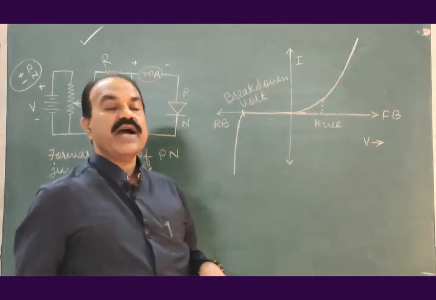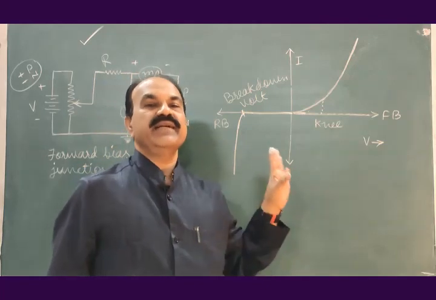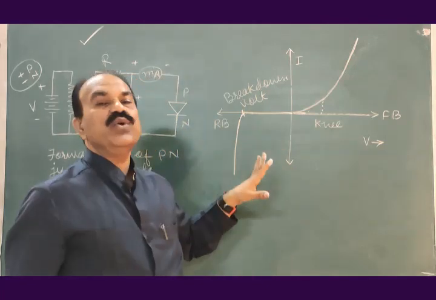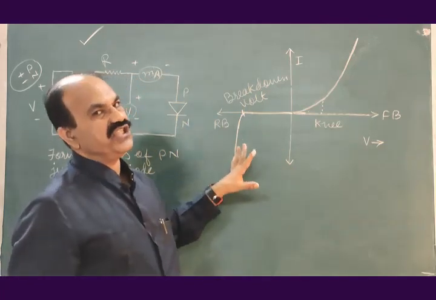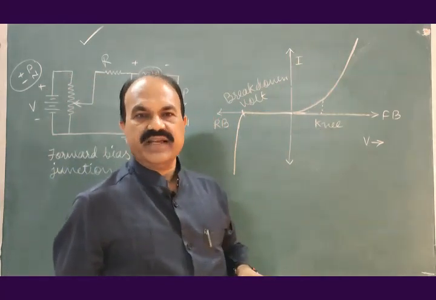And whenever a diode is operated at breakdown voltage, it will be damaged permanently, and therefore no PN junction diode is used in reverse bias. It is always used in forward bias.